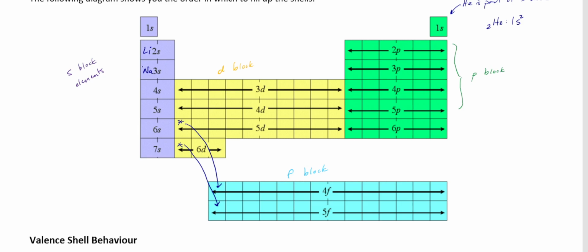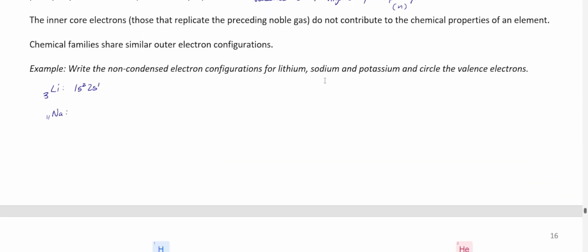So just to repeat, in order to get to sodium, I go 1s2, 2s2, 2p6, 3s1. So that's how you can use your own periodic table to figure out these electron configurations without having to go through drawing an energy level diagram.